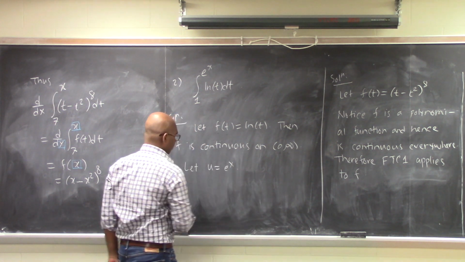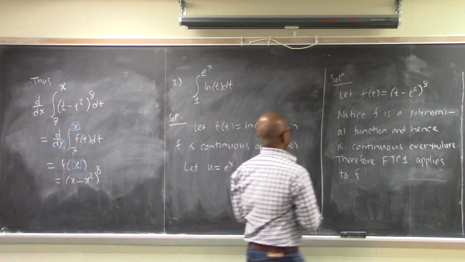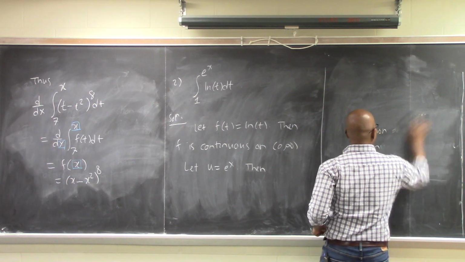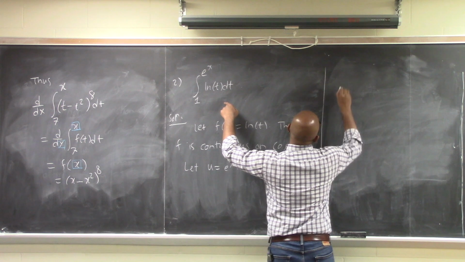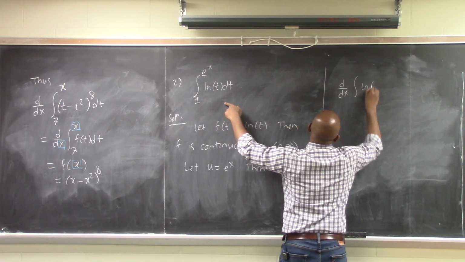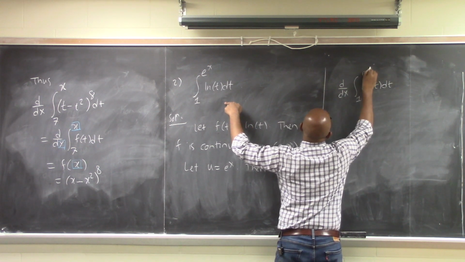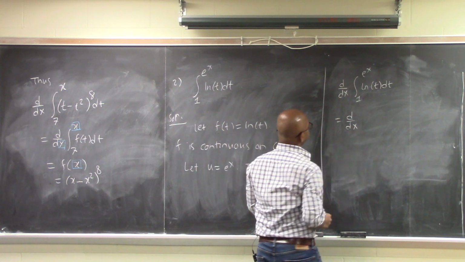Then notice this derivative of this function, ddx of integration of ln of t from 1 up to e to the x. Now that guy, I will just use my new symbol.